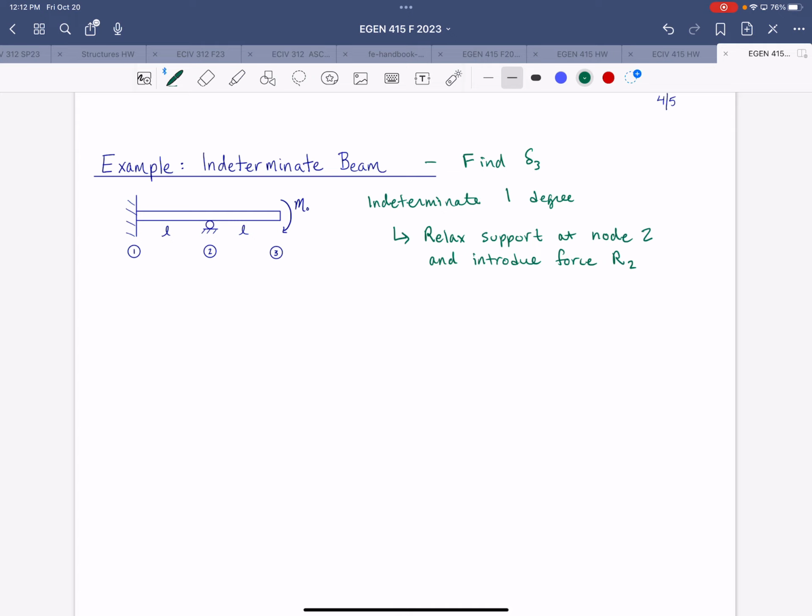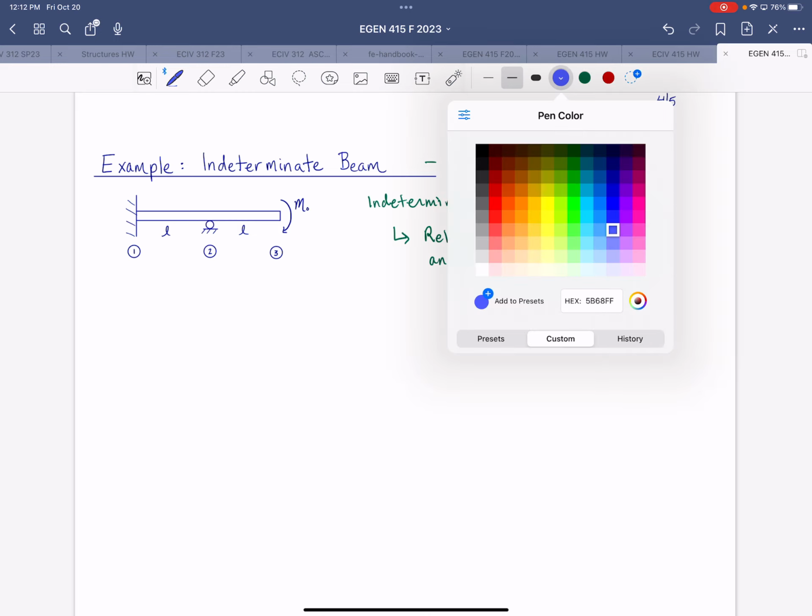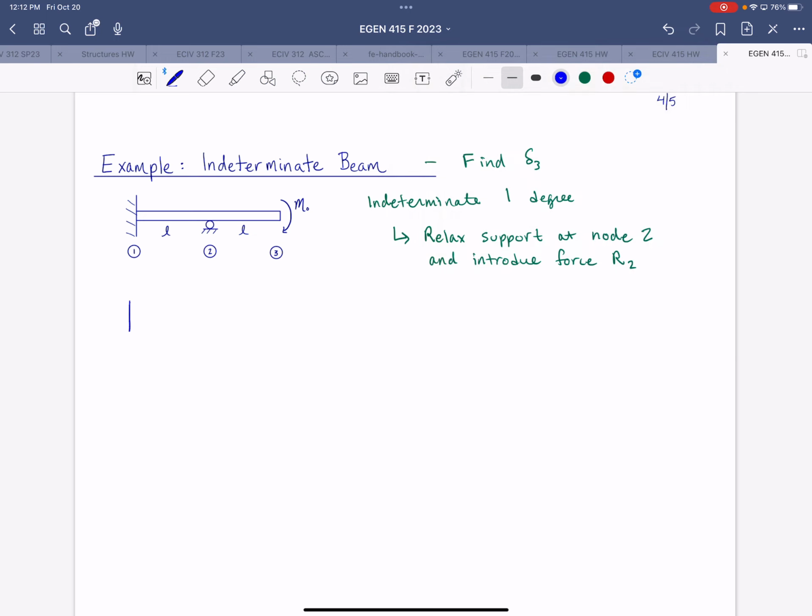All right, so now we draw a new sketch of our beam here. We have the fixed support, applied moment M naught, the force R2, and then we also have reaction forces at the fixed end.